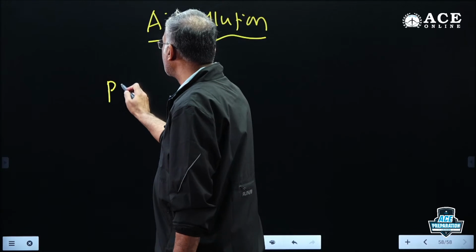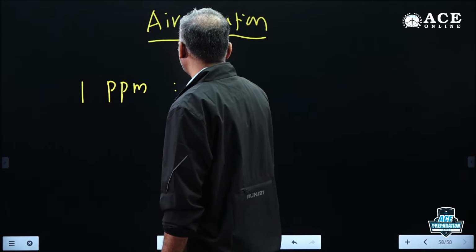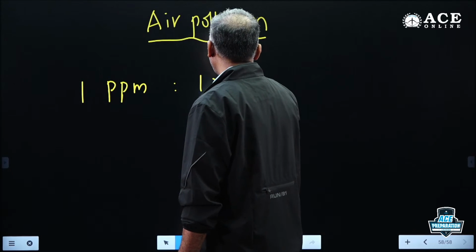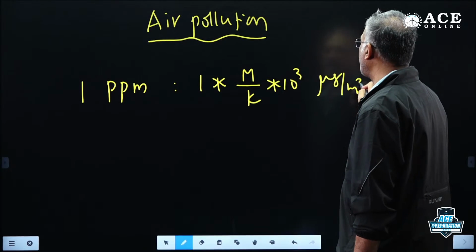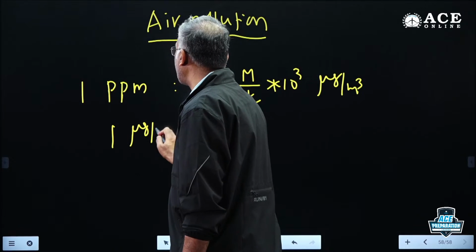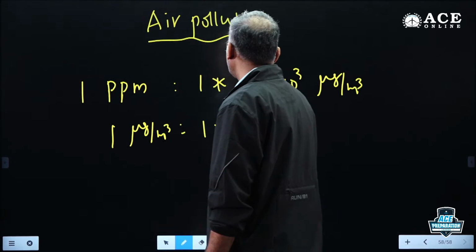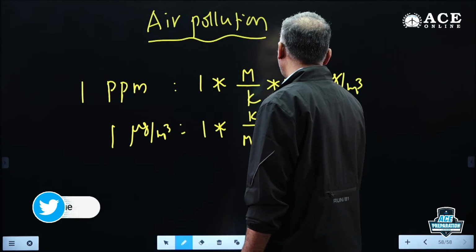ppm of any air component is equal to 1 into M by K into 10 cube microgram per meter cube. Converting ppm to microgram per meter cube, and 1 microgram per meter cube of any air contaminant is equal to 1 into K by M into 10 cube ppm. This is a very, very popular conversion.